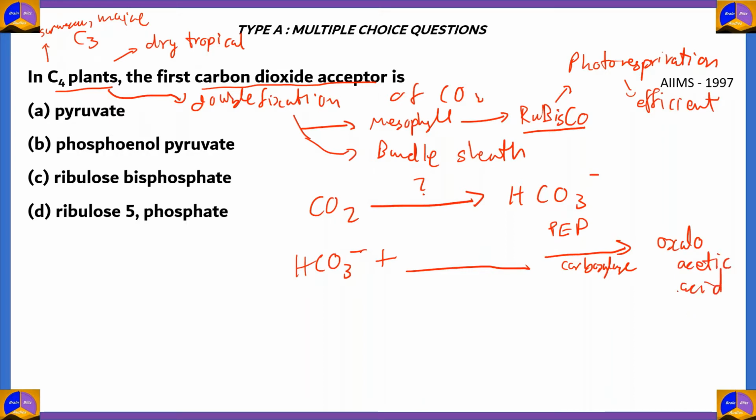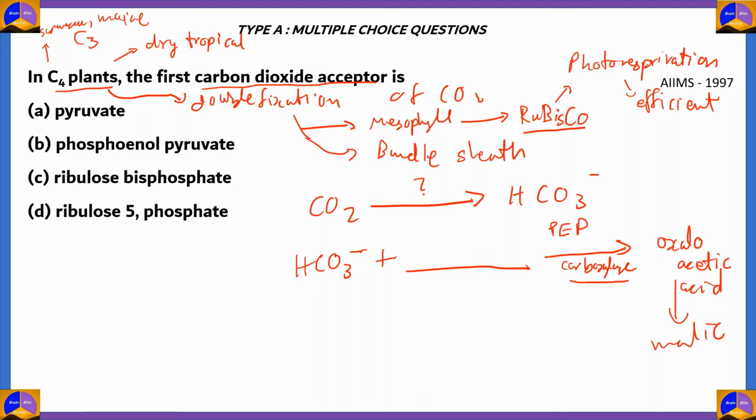This oxaloacetic acid is converted into malic acid, and the malic acid enters the bundle sheath cells and is broken into CO2 and another 3-carbon compound. And that CO2 enters the C3 cycle inside the bundle sheath cells and it starts producing food. Now, PEP carboxylase is an enzyme.